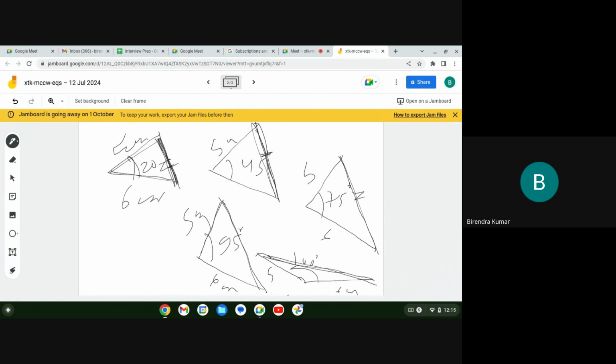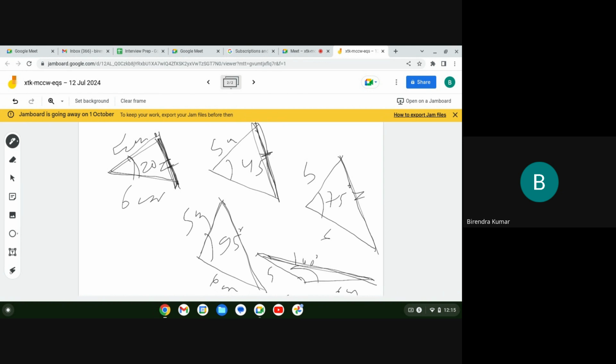Meaning you have two sides with fixed length, and if you join the edges of the open ends to make it a triangle, the bigger the angle, the bigger the third side. That you can see, correct? Yes.